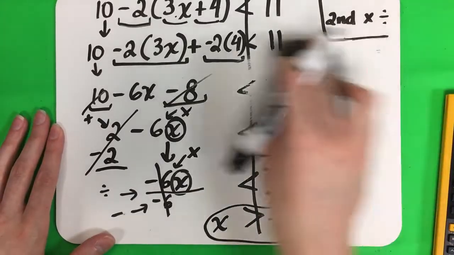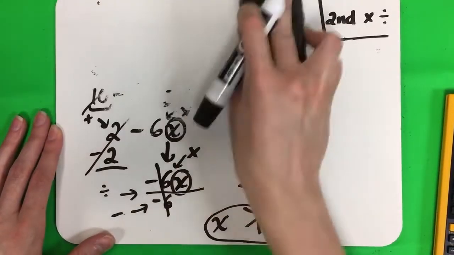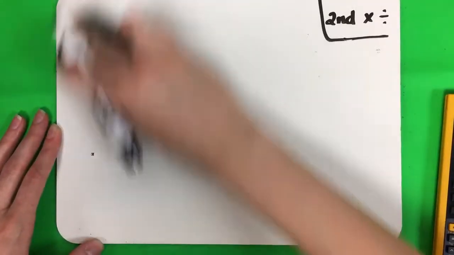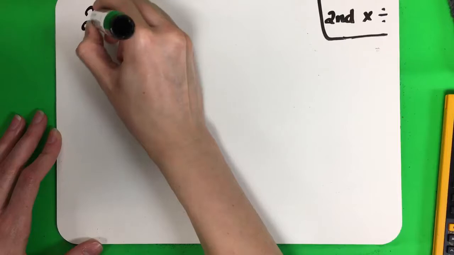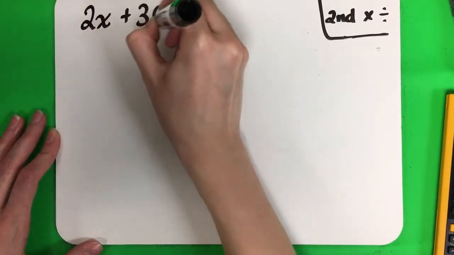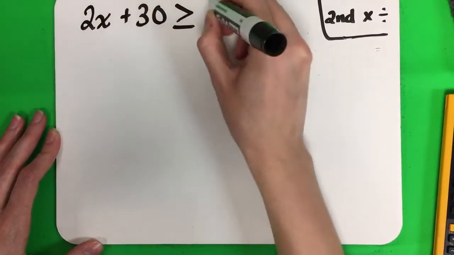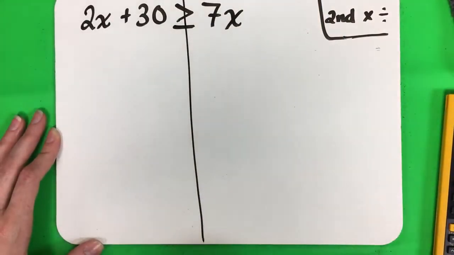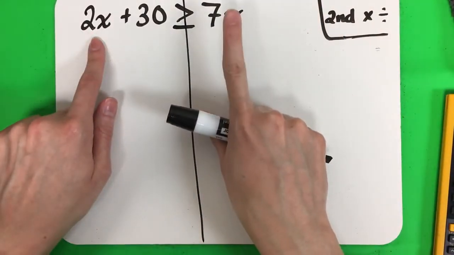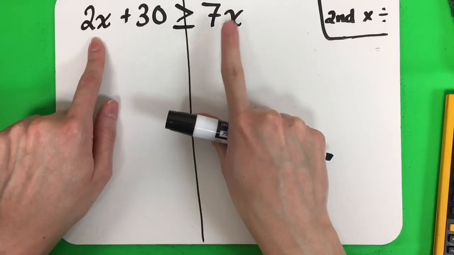Okay, I'm going to go ahead and erase that. Okay. We have 2x plus 30 is greater than or equal to 7x. You're going to draw your line. I have two x's. Always move the one on the right.